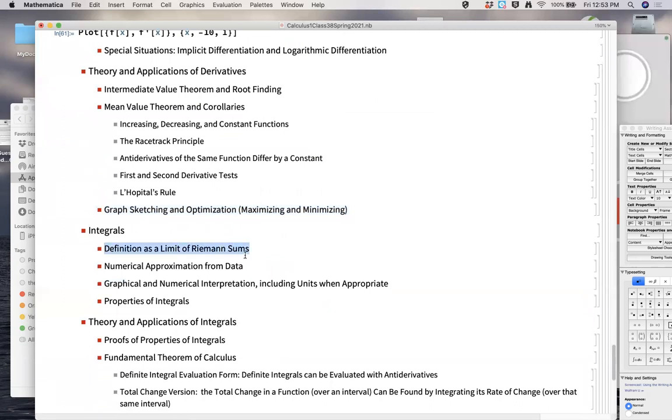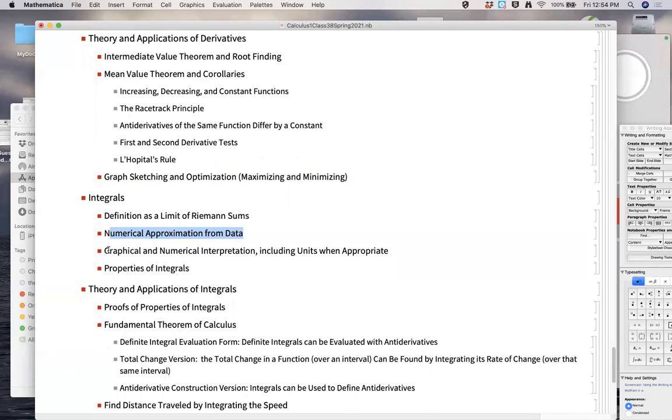We do briefly talk about the definition of an integral as a limit of what are called Riemann sums, which really are adding up areas of rectangles like we talked about. We can approximate integrals with data, like with a right-hand sum. We can interpret integrals as areas under graphs, and we can talk about their properties, like the integral of a sum is the sum of the integrals.